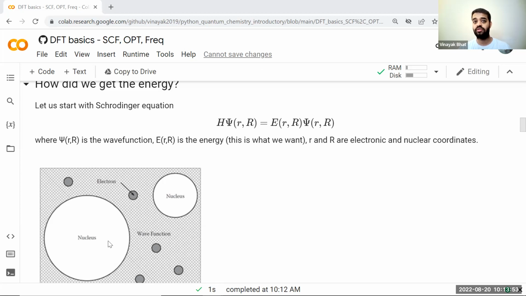If you have a system like this, little r, lowercase r, is the coordinates for each electron. The capital R is the coordinates for each nucleus.